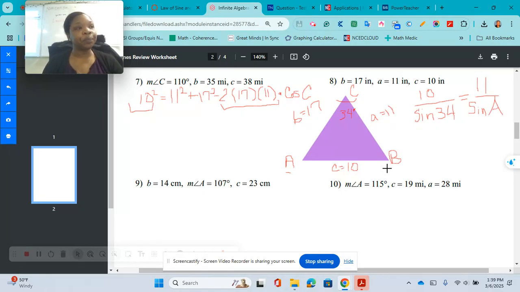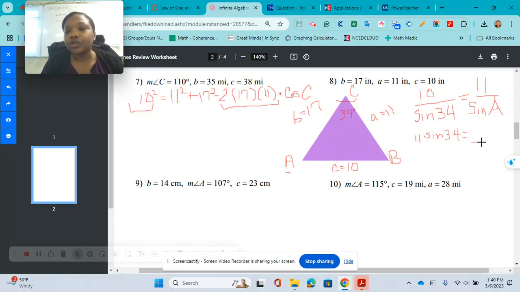We will cross multiply. What? 11 times the sine of 34. Excellent. We cannot cross multiply with the variable right here. So 11 times the sine of 34. It trips me up because this is above that, so this can slide over.